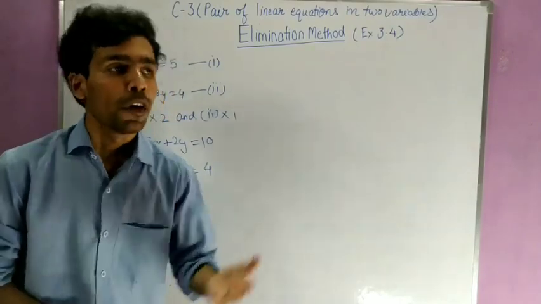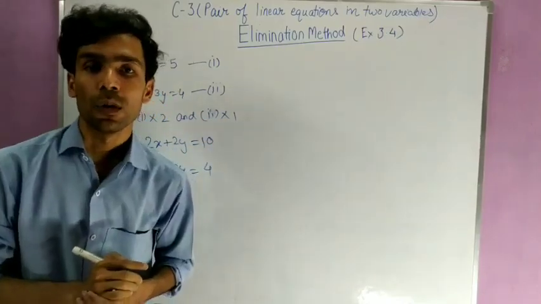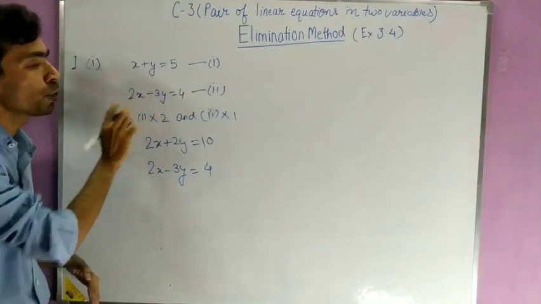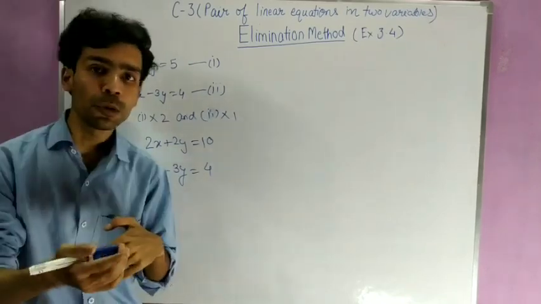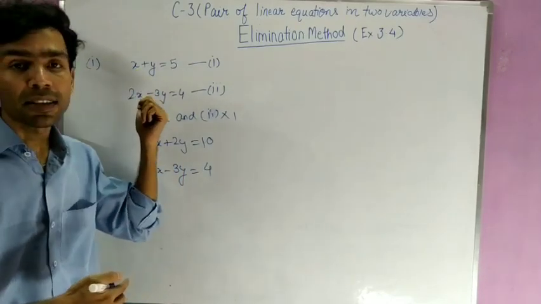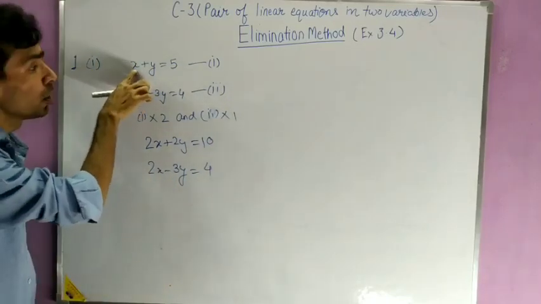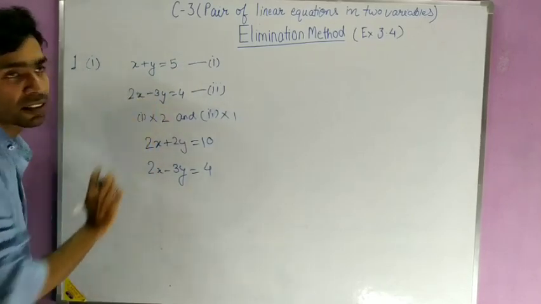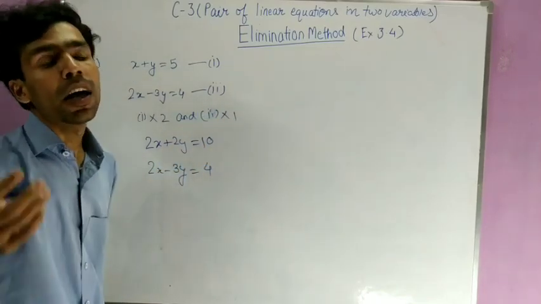For elimination, whatever variable you want to eliminate, both equations must have the same coefficient of it, only then can you remove it. In the question, here was x and here was 2x, so to remove x from both equations, I made the coefficient of x the same in both equations. I multiplied equation 1 by 2, so it became 2x plus 2y equal to 10, and because equation 2 already has 2x, I multiplied by 1, since anything multiplied by 1 stays the same.